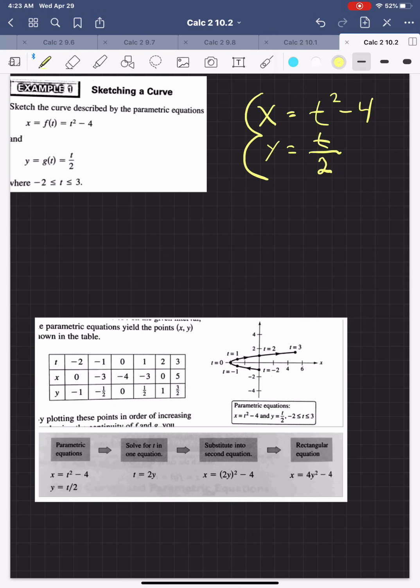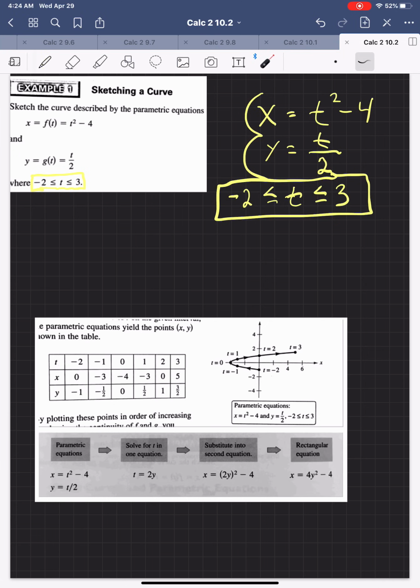Now, notice that they tell you that t is between -2 and +3. A lot of times in parametric equations the parameter t deals with time, but you don't have to have a parameter that deals with time.